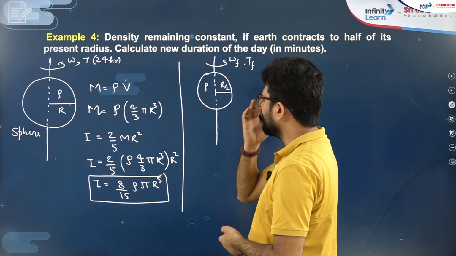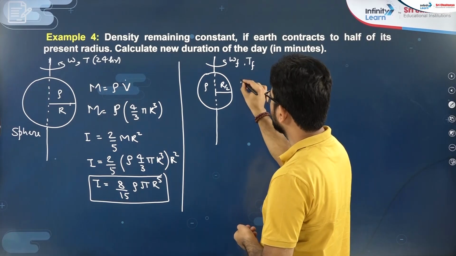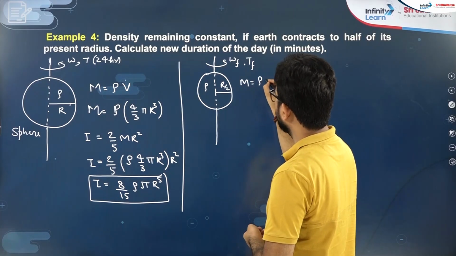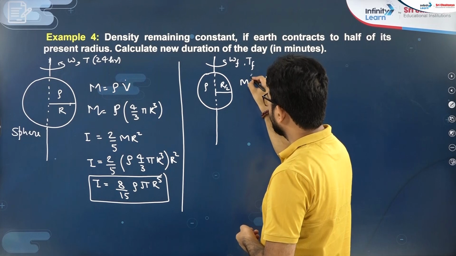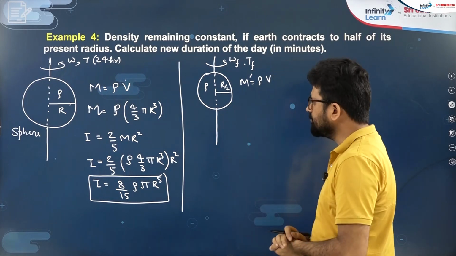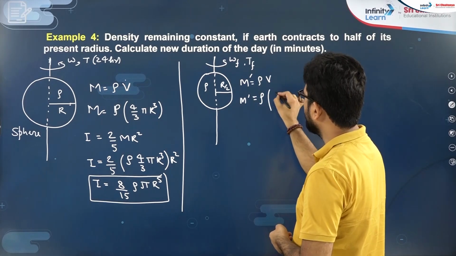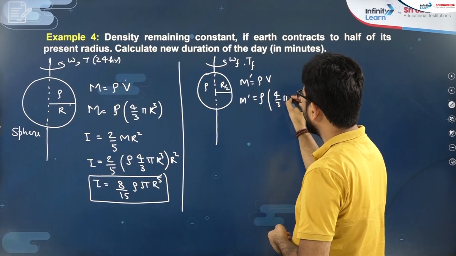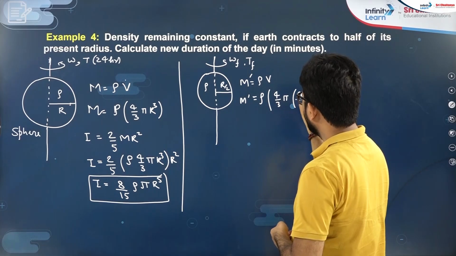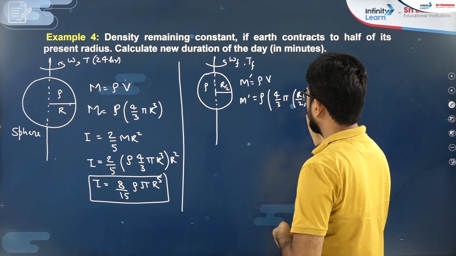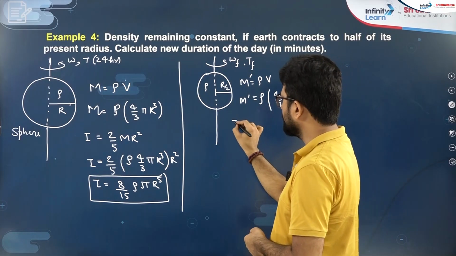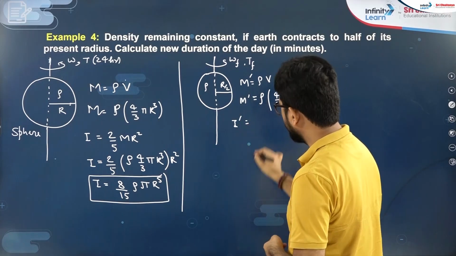Now again we want to write its mass. You will say mass is equal to rho into V. So this would be m prime. Definitely it is going to change. So m prime would be density into volume. Volume is nothing else but 4 by 3 pi, again r by 2 whole cube. Here also I prime is going to change.